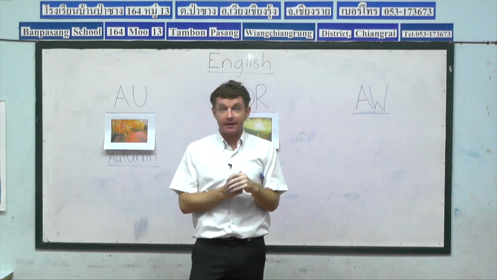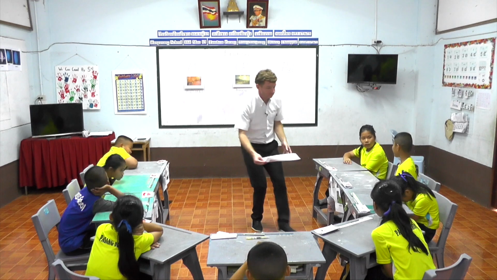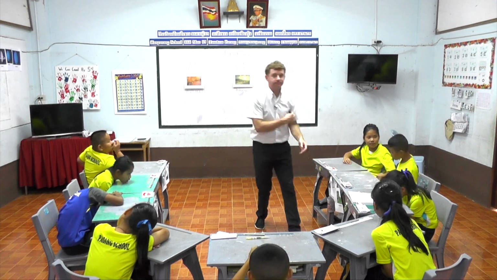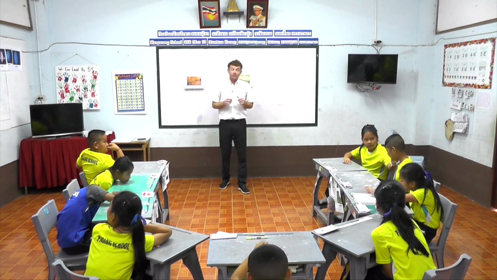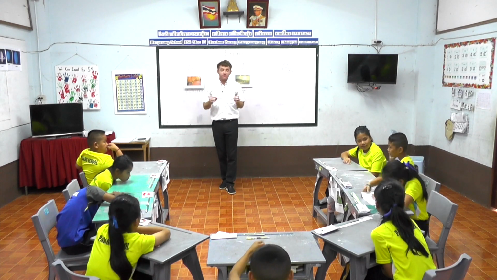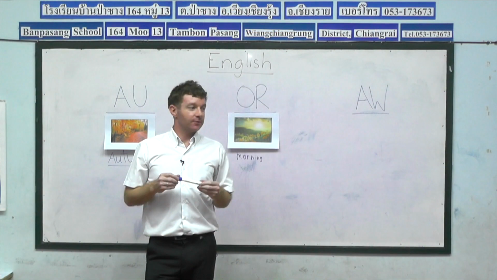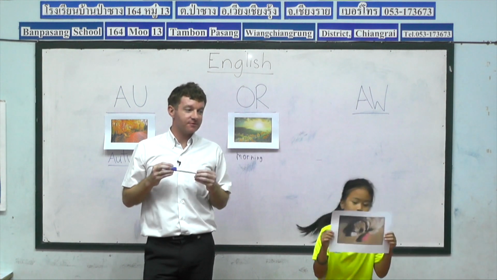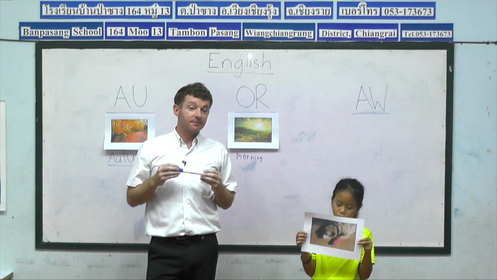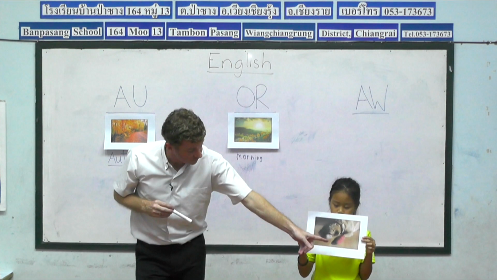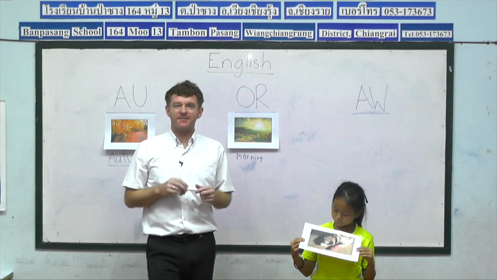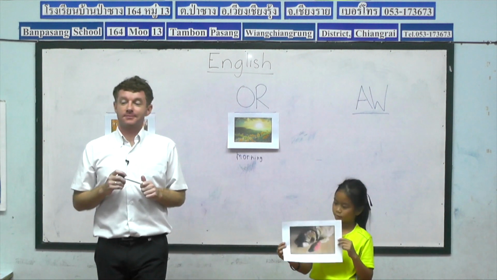Next flashcard, next student. Now the flashcard is with Prel. So Prel, can you come and show your flashcard to class, please? Okay, so what can we see on Prel's flashcard, guys? We can see a dog, and what's the dog got to saw? Paw, yes. How do we spell paw?